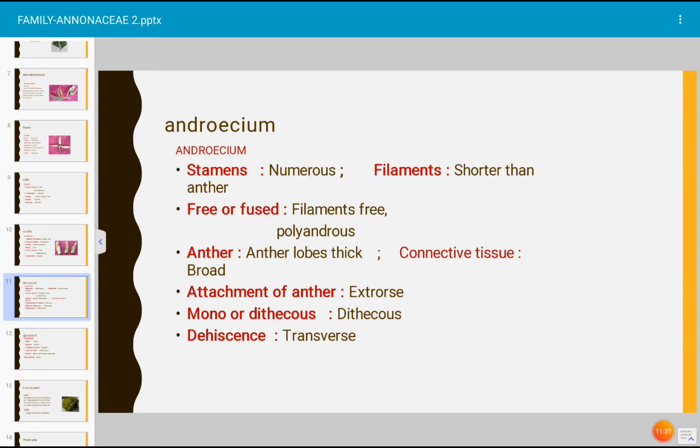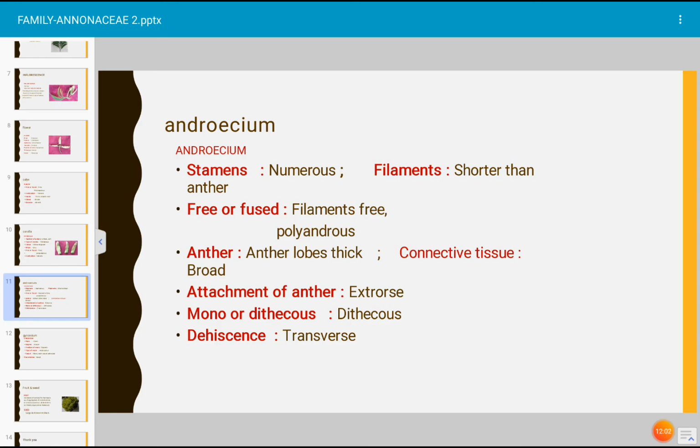Anther lobe is very thick, small, thick, and the connective tissue. What is connective tissue? Connective means the pad of tissue which is present between the anther lobe and the filament.